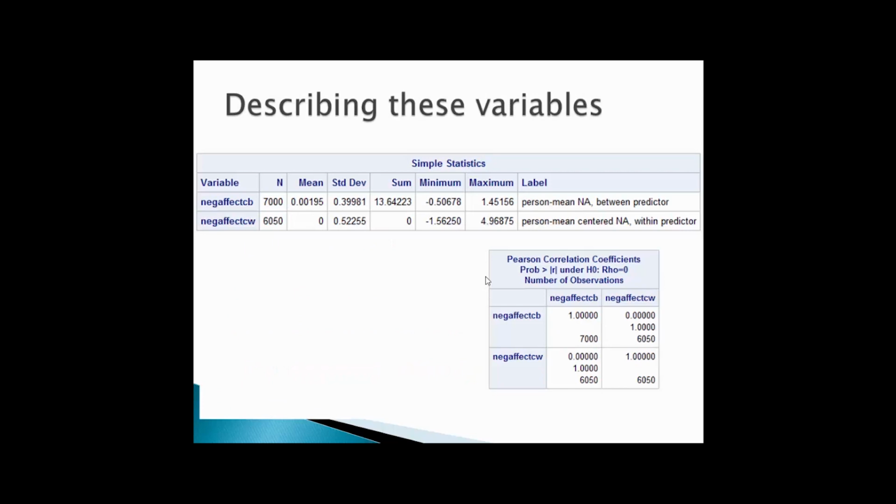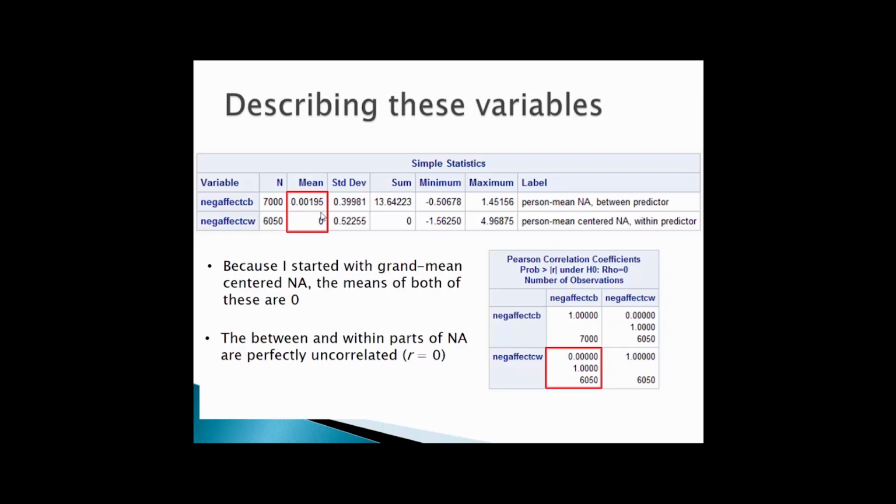Okay. And one thing I want to point out, this sort of reinforces my point earlier. So the first thing is I started with a grand mean centered variable because I wanted the means of both of these variables, the between and the within parts, to be 0 across all observations. This will make the interpretation of our model a lot easier, and we'll talk about that. Okay. But what you'll also notice is that the between and within parts are perfectly uncorrelated, okay?